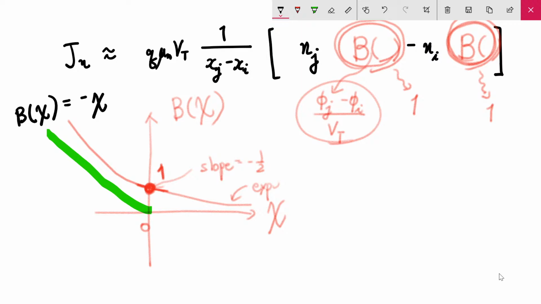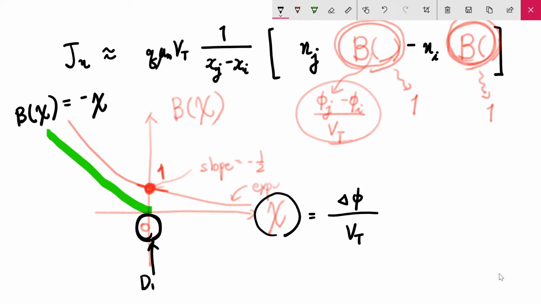So simply speaking, the chi here is regarded as the voltage difference divided by the thermal voltage. If we have a really diffusion dominant case, it means that we have no potential difference between the two nodes, so this point corresponds to the diffusion dominant case.